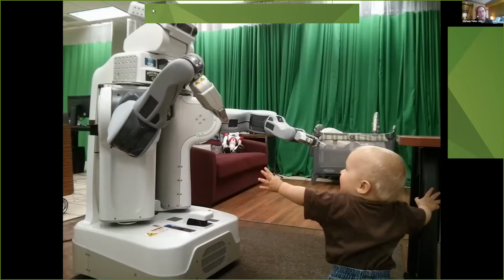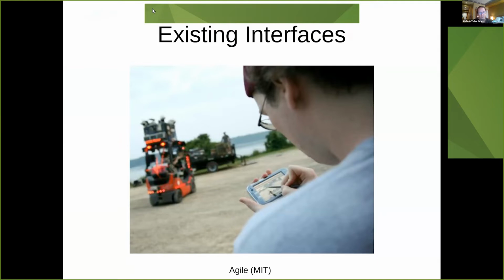So as robots move into our daily lives, there's a question of how we are going to tell the robots what to do. If you look at existing interfaces, this is a picture from the forklift project, and people were using a touchscreen interface to tell the robot what to do. And that's the same today.